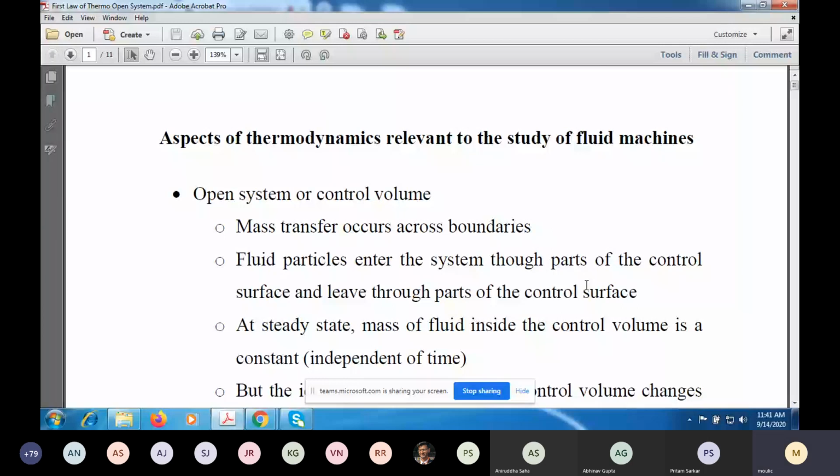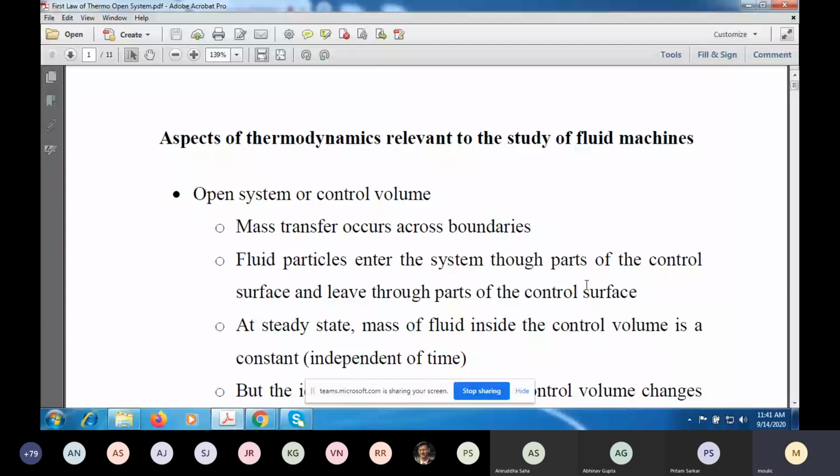Of course, there may be some parts of the control surface where fluid neither enters nor leaves. Okay, so there could be solid impermeable surfaces, and there could be inlets and outlets. So through the inlets, fluid particles will enter, and through the outlet, fluid particles will leave.